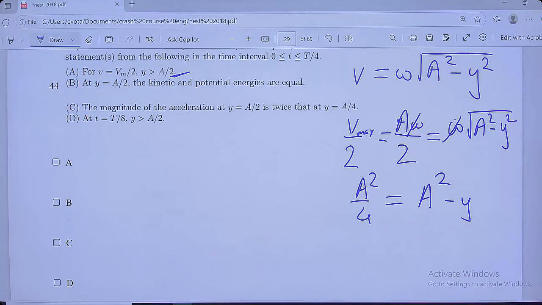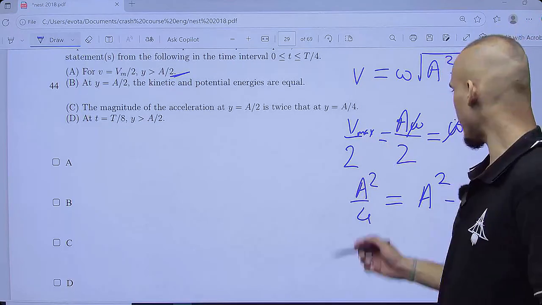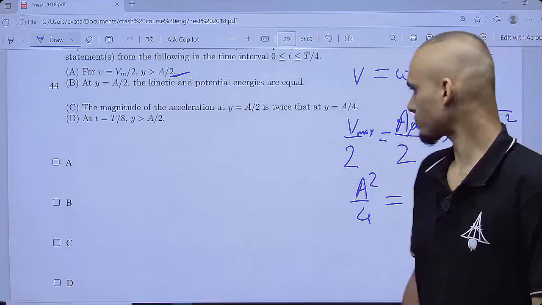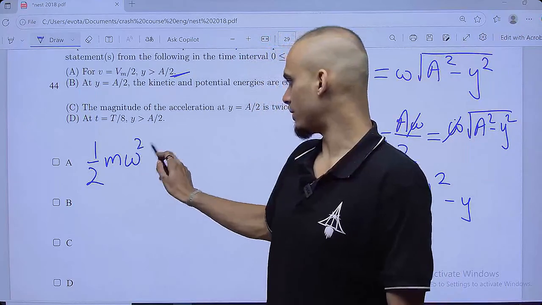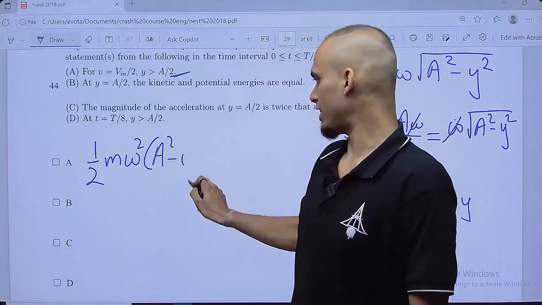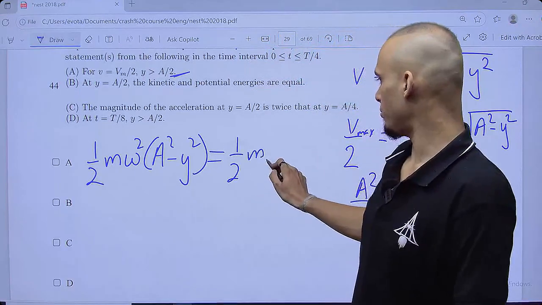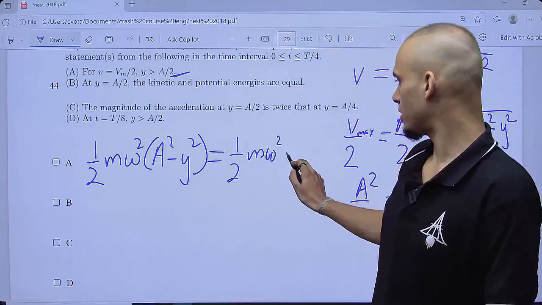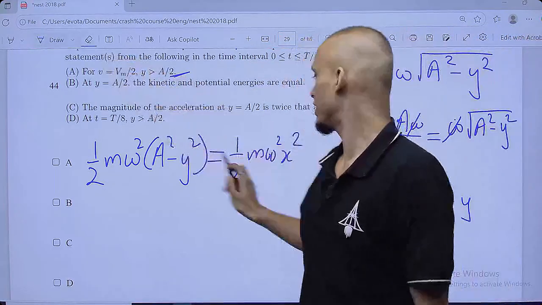And at y is equal to a by 2, we have to check whether kinetic and potential energies are equal. Kinetic energy we can calculate, half mv square, as half into m into omega square into a square minus y square is the kinetic energy. This should be equal to half into m omega square into x square is the potential energy. Sorry, y square, not x square.